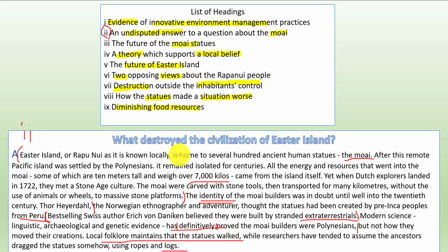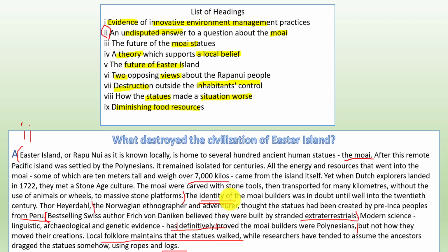Okay, so this is a little bit challenging because there is no topic sentence and there is no conclusion at the end of the paragraph, and you need to read the whole paragraph in order to answer the questions, and the key to answer is definitely.